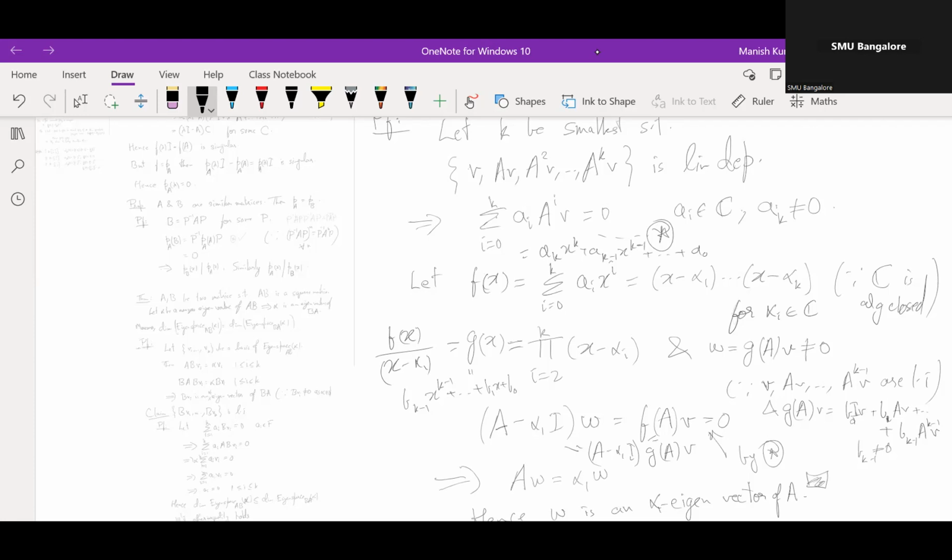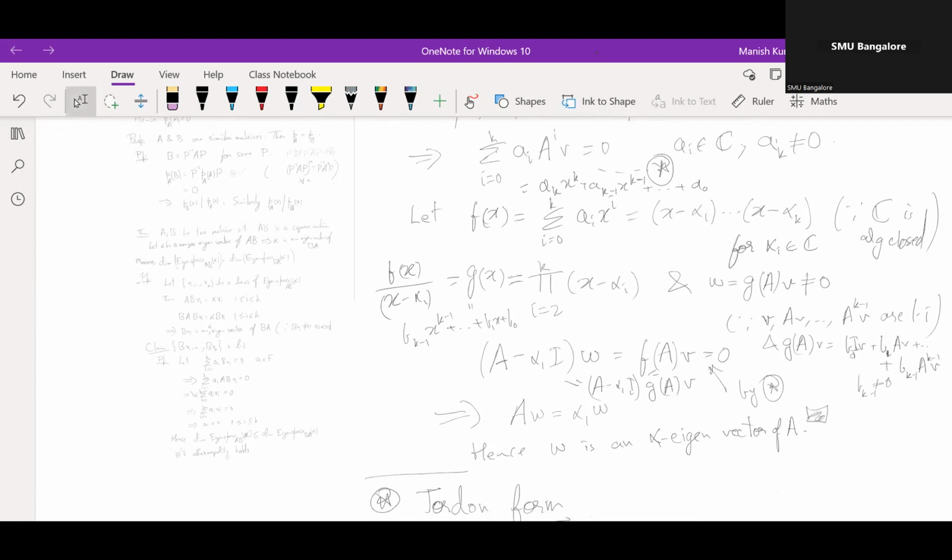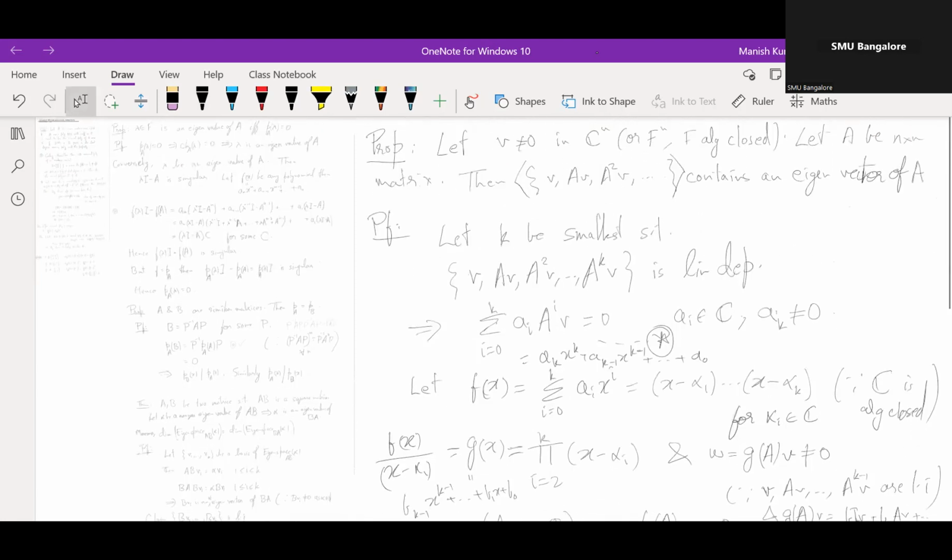Once you have that (A minus alpha 1 I) times w is 0, you get that Aw is equal to alpha 1 w. Is that okay? So that completes the proof of this fact: if you consider the span of v, Av, A^2 v, and so on, then it must contain an eigenvector.